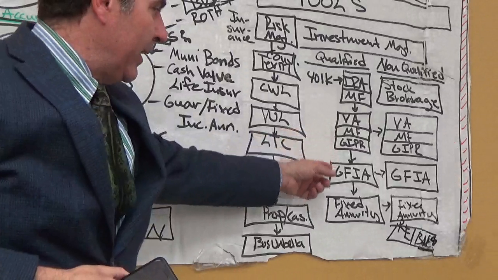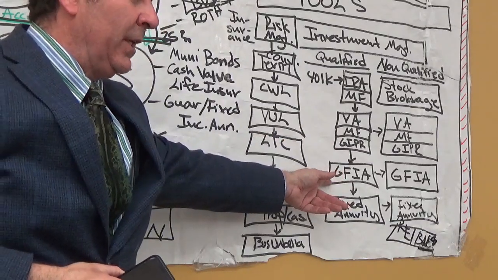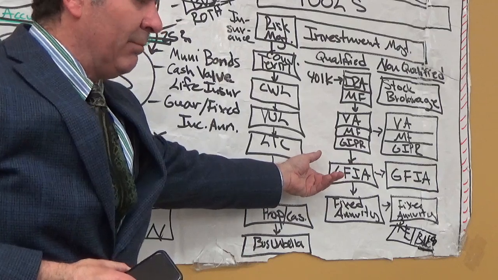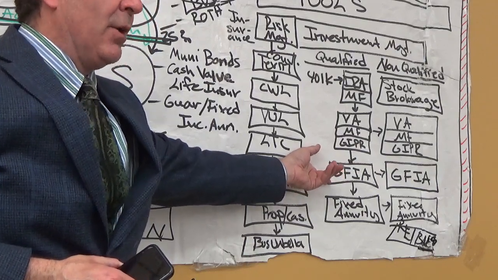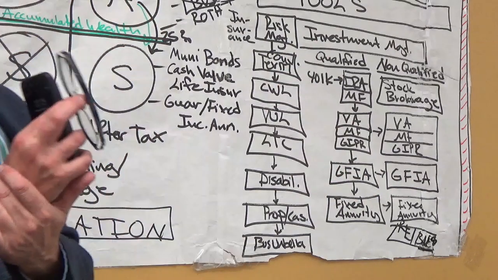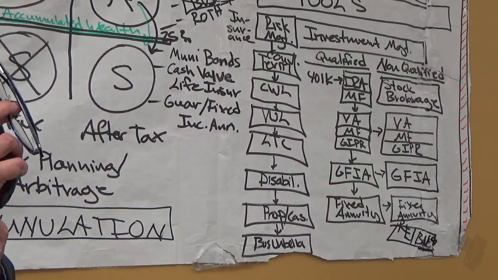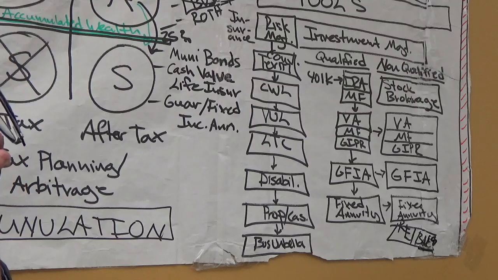You can also roll money into a guaranteed future income annuity, guaranteed. I give the life insurance company $1 million when I'm 50. They promise to give me $100,000 for the rest of my life at 70. If I live till 80, I got my $1 million back. If I live to 90, I pulled out an extra $1 million.